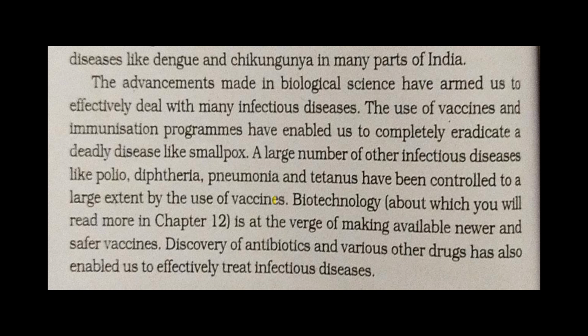A large number of other infectious diseases like polio, diphtheria, pneumonia, and tetanus have been controlled to a large extent by the use of vaccines. Biotechnology, about which you will read more in Chapter 12, is on the verge of making available newer and safer vaccines. Discovery of antibiotics and various other drugs has also enabled us to effectively treat infectious diseases.